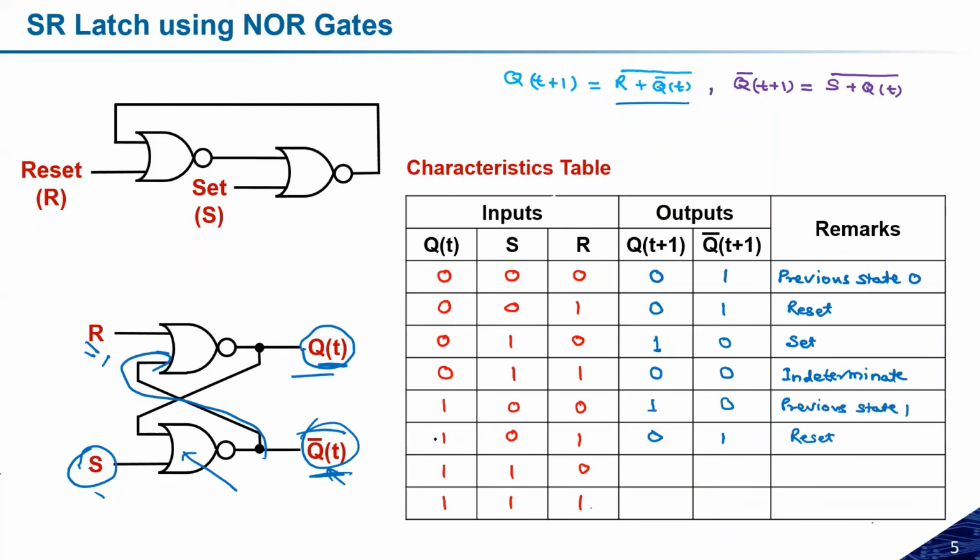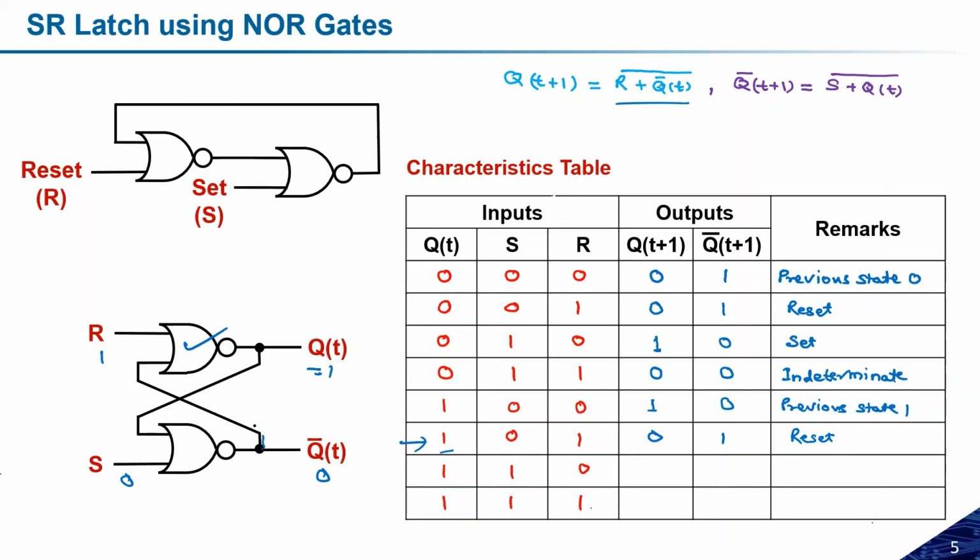Now let us consider this one, which we expect to be reset. Let us assume Qt is equal to 1, set is equal to 0, and reset is equal to 1. What does it mean? This NOR gate is responsible for giving the output, and because one input is 0 and the other is 1, the output will be 0.